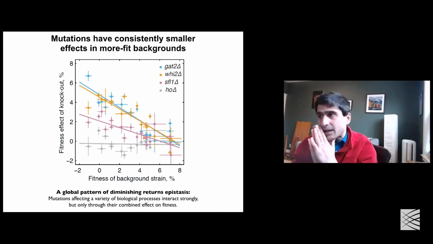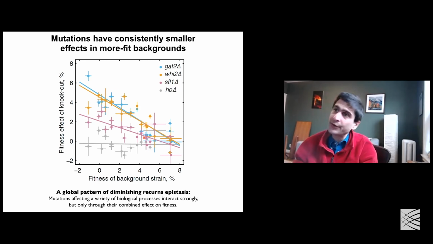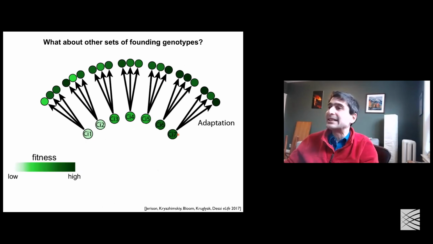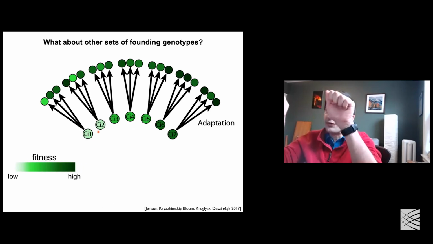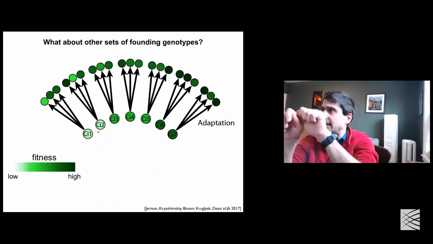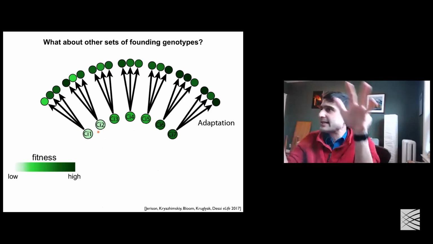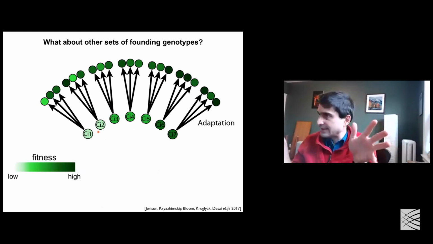And so we and others have looked at this in a variety of different systems. Another thing you can look at is, let's imagine constructing different sets of founding genotypes. So we constructed sets of founding genotypes that differ by tens of thousands of mutations by taking 2 divergent strains of yeast and crossing them and getting a set of diverse segregants out of that.